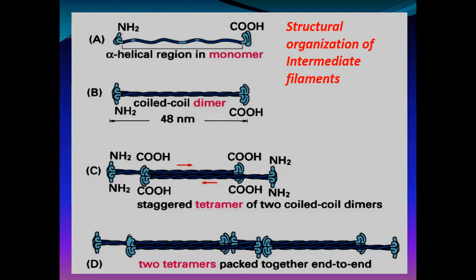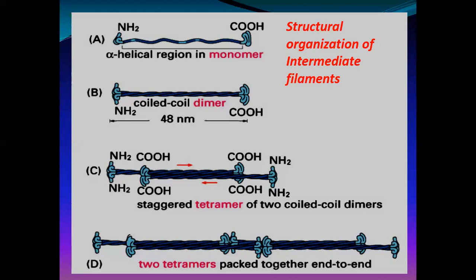And then two monomers combine together to form a dimer. And two dimers staggered form a tetramer. That means it's a staggered tetramer, not exactly N-terminal with N-terminal or C-terminal with C-terminal. You can see they are in a staggered manner, forming the tetramer. The first one has the N-terminal on your left-hand side and the C-terminal on your right-hand side.